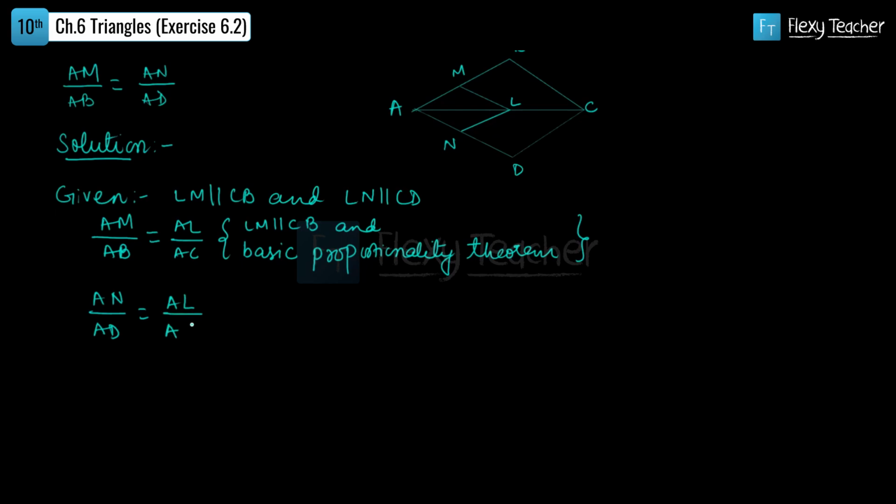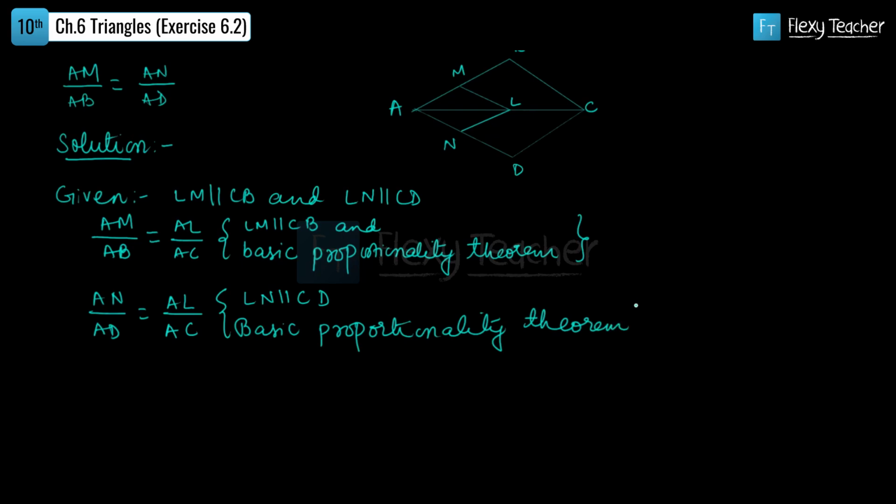This again is because LN is parallel to CD and the basic proportionality theorem. So we have two ratios: AM upon AB is equal to AL upon AC, and AN upon AD is equal to AL upon AC.